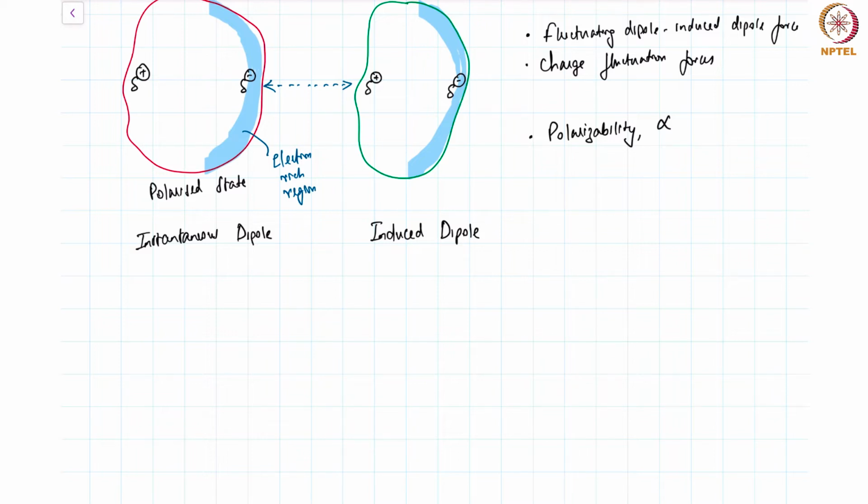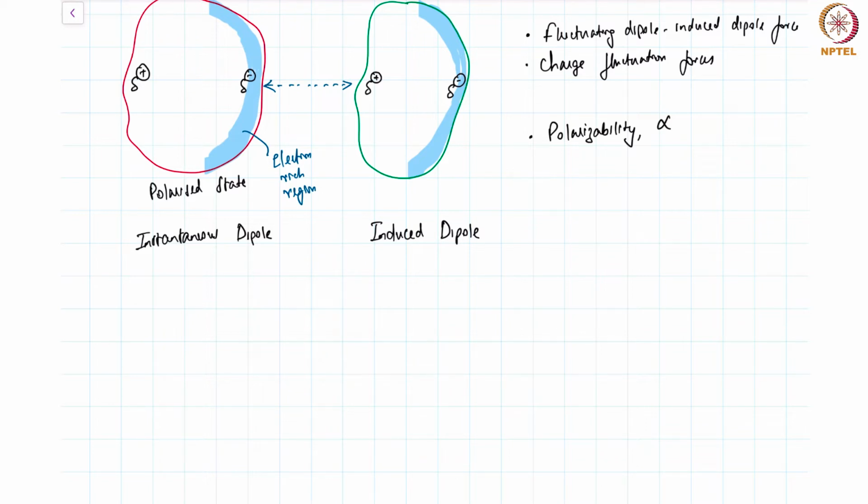Meaning, if you bring another molecule which has a dipole near this large molecule, it's much easier to generate an induced dipole in such a molecule. But if the molecule is much smaller, then it's much harder to create this induced dipole. The strength of this dipole is much weaker because the electron cloud density differences are much smaller. Therefore, if you look at fluorine versus iodine, the boiling point of iodine is much larger than the boiling point of fluorine. This is precisely because of this van der Waals force.